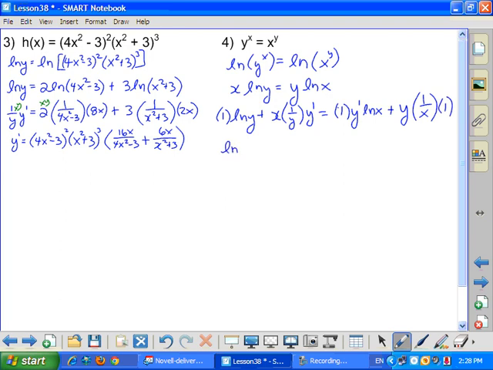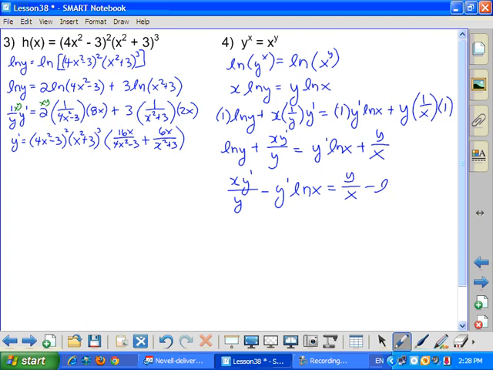Just cleaning it up: x y prime over y prime ln x plus y over x. Going to move all the terms with y prime to the left side, and anything that has no y prime moves to the right.